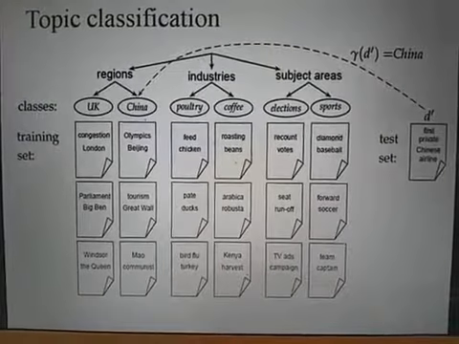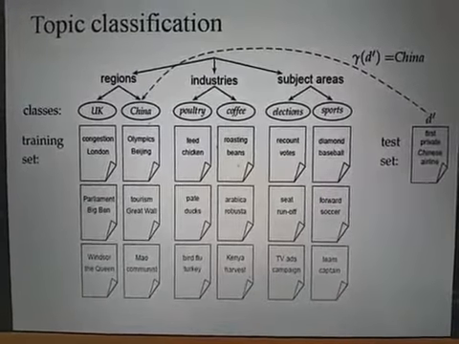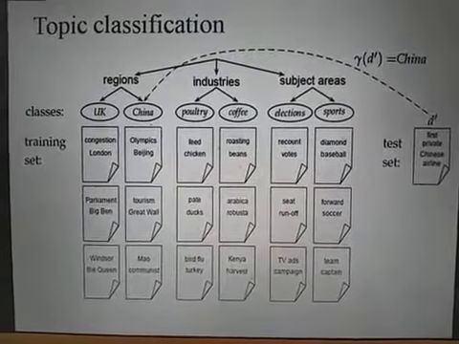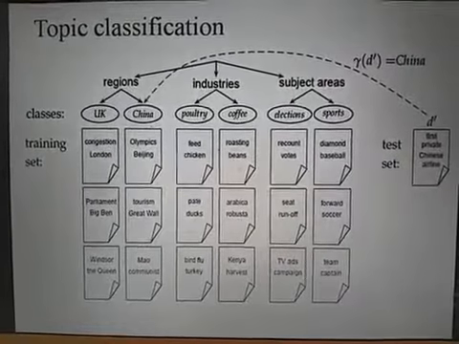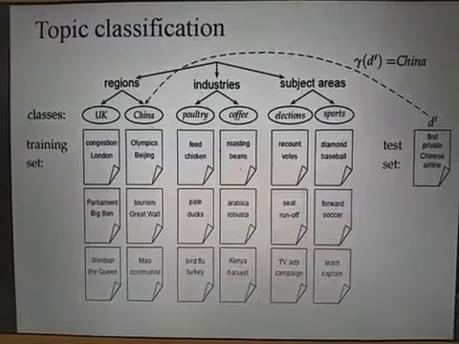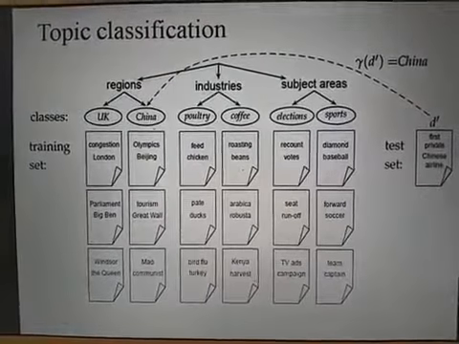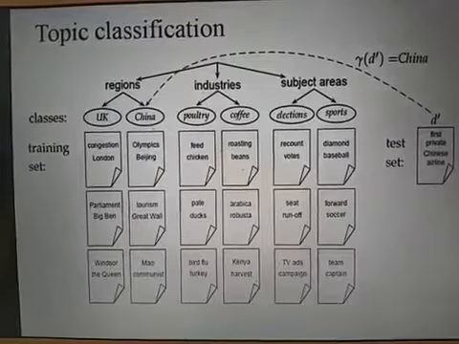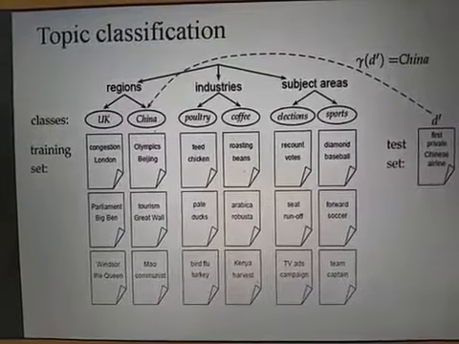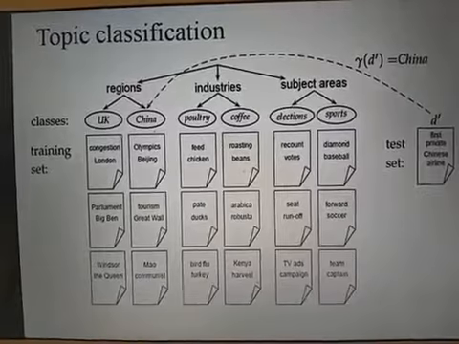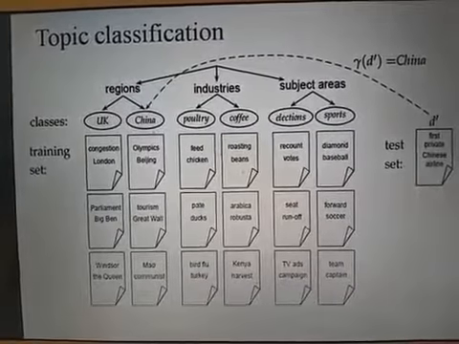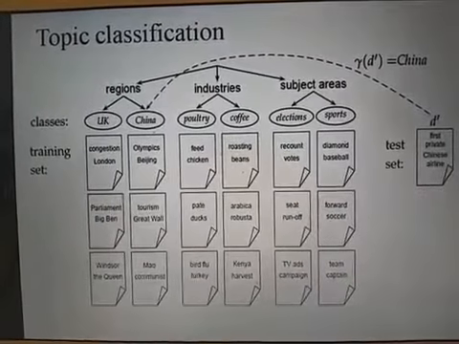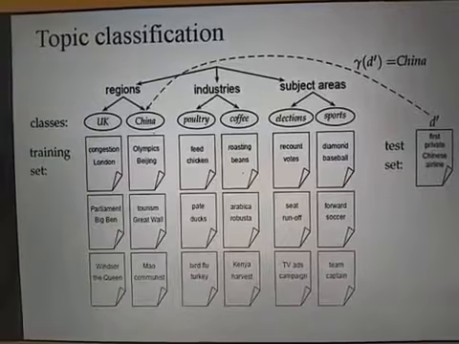So if our training set is ready, then next we can apply it to find the class of a new document in the test set. In the test data, suppose there is a new document like "first private Chinese airline"; the question is which class it belongs to.